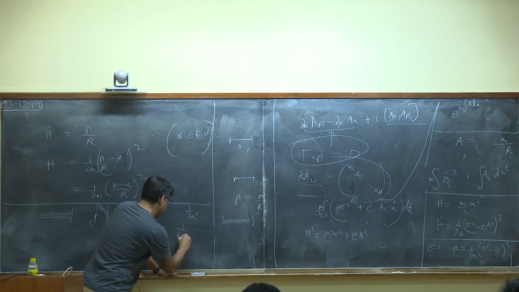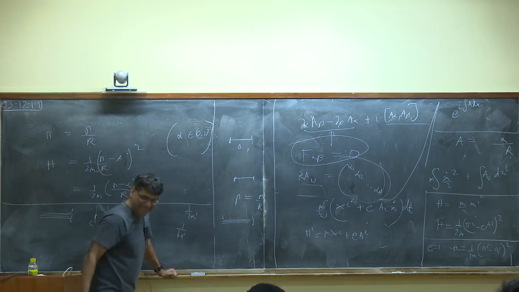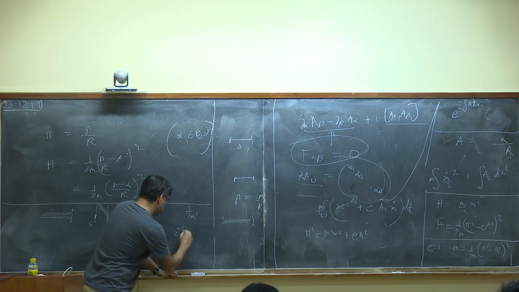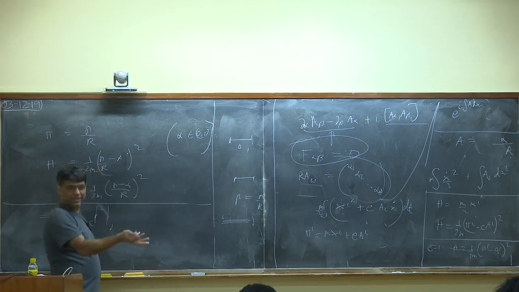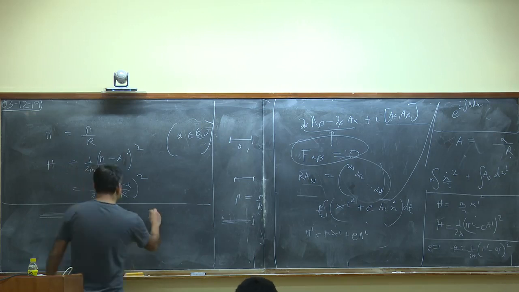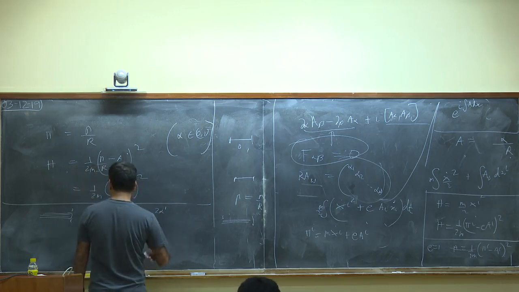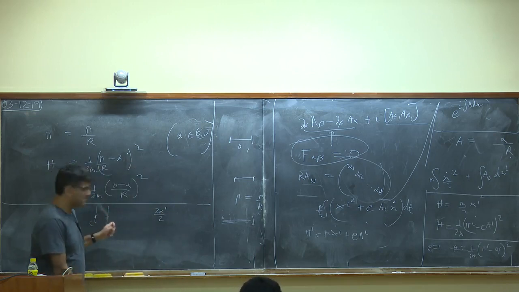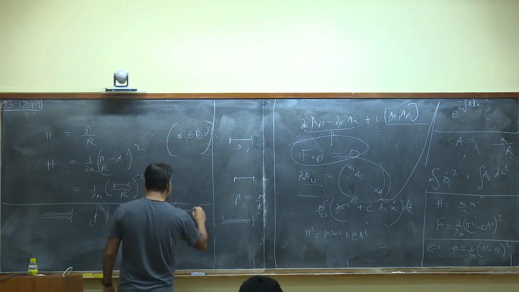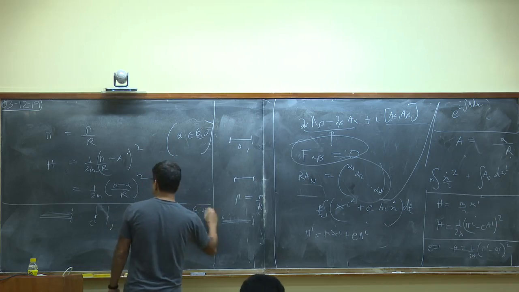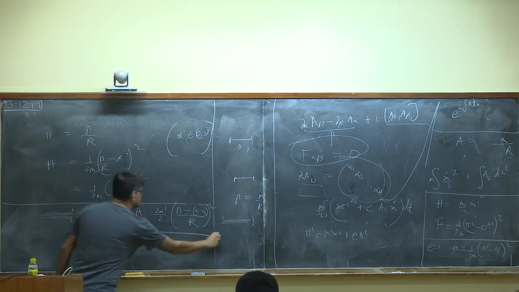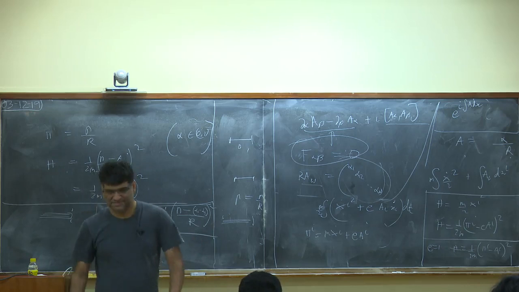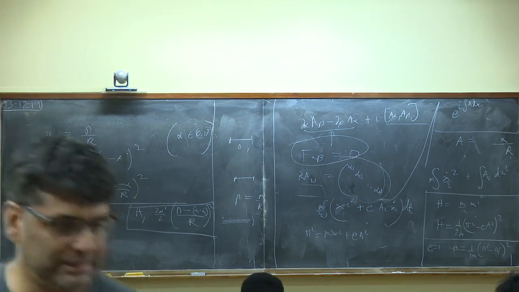Because we had 1 over 4 alpha prime pi, multiply by pi, and then we're supposed to write 1 over 2m, so 1 over 2 alpha prime. So the part of the Hamiltonian that comes from the zero mode sector is alpha prime over 2, times n minus alpha i minus alpha j, divided by r, the whole thing squared. The zero mode part of the Hamiltonian is replaced by this. Is this clear?